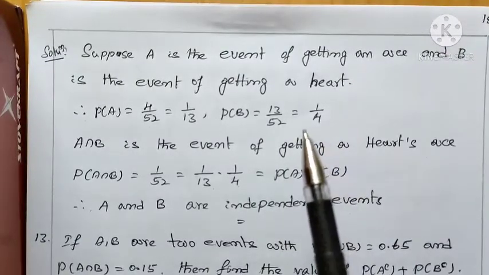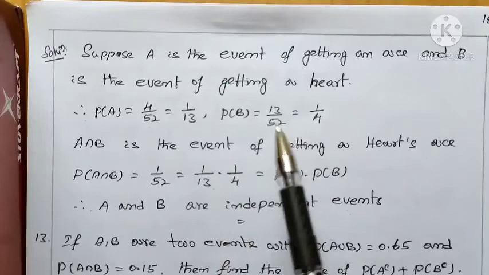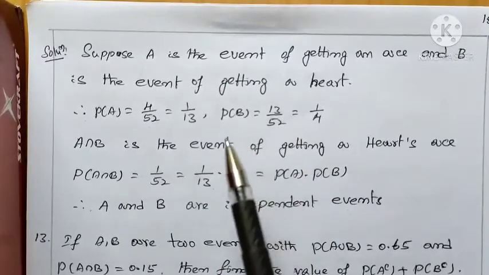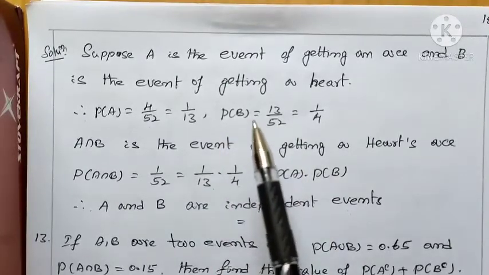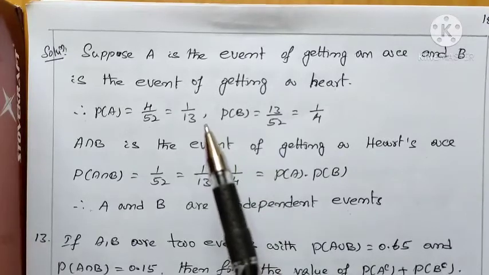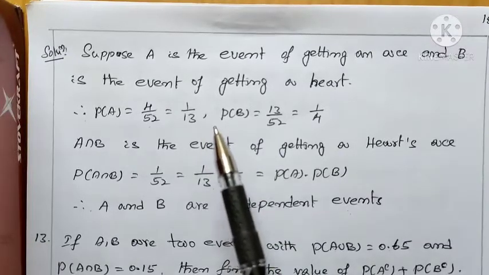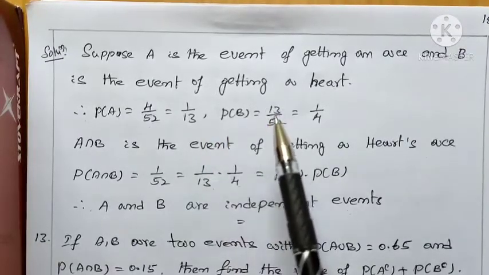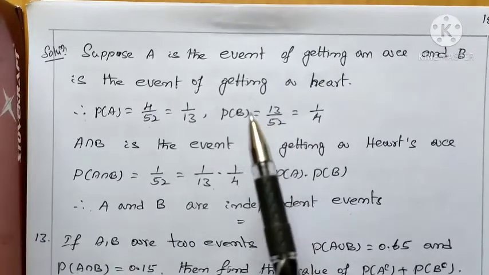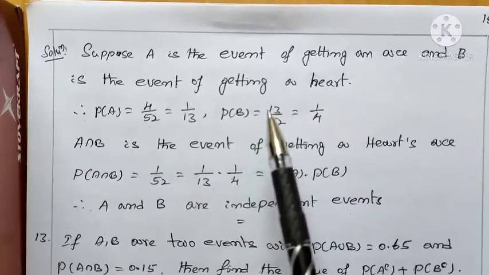Each color will contain 26, black and red. There are 4 suits: club, diamond, spade, hearts. In each one there are 13 cards.